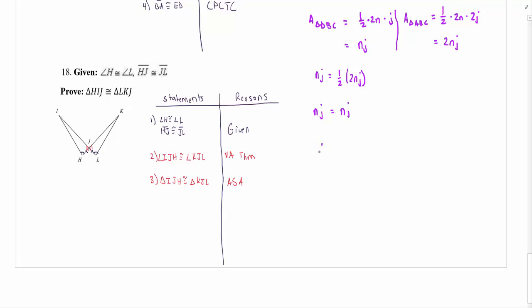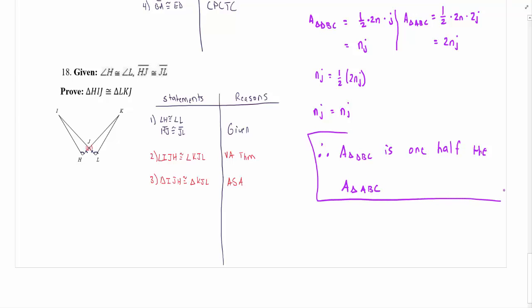So therefore, since I've shown that, the area of triangle DBC is 1/2 the area of triangle ABC. It's about showing your work on these and showing them algebraically. If it's a proof, you have to show your work.